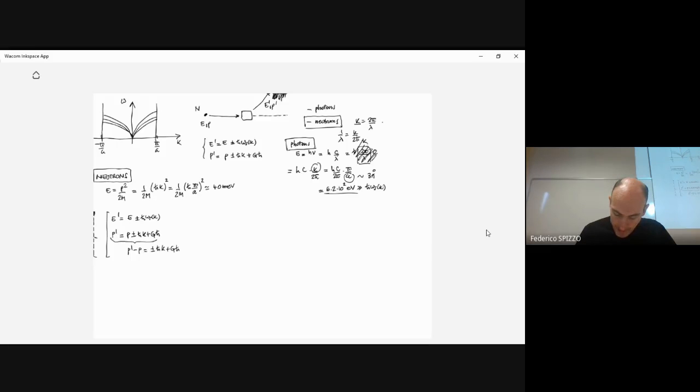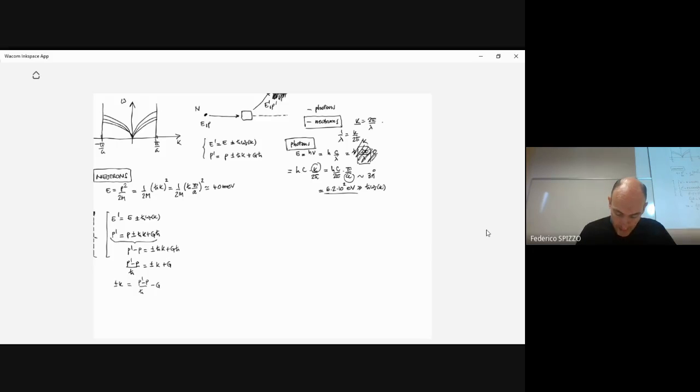If we divide by h bar, then we have that (P prime minus P) divided by h bar is equal to plus or minus K plus G. We may take G on the other side of this equation, so we have that plus or minus K is equal to (P prime minus P) divided by h bar, minus G. So at this point, we have an expression for K, and K is the wave vector that corresponds to the phonon that is interacting with the neutron.